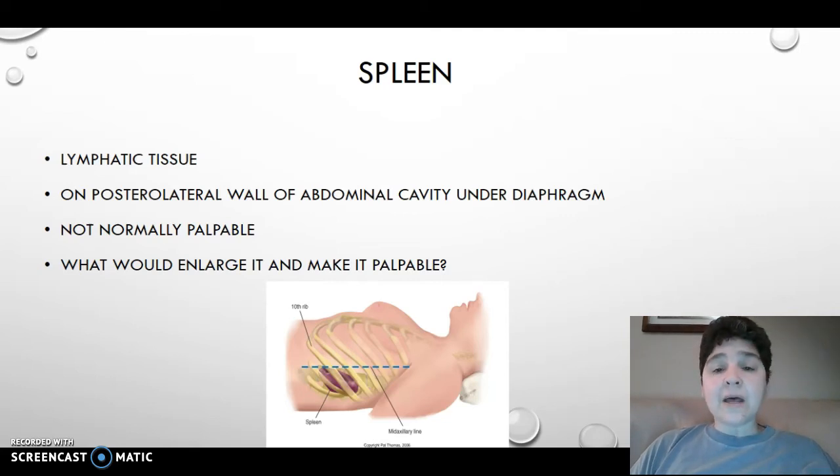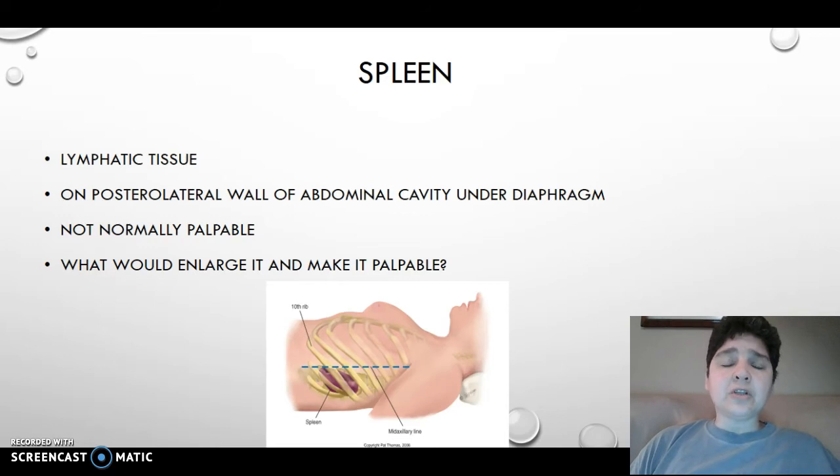If anybody's ever had mono or knows somebody who's had mono, they tell you that you should not participate in contact sports, because if the spleen is enlarged, and we know it's very vascular, it has a rich blood supply because it's making red blood cells, and it has to do with the immune system, so it's very much part of the hematologic system as well. If it were to rupture, the person could bleed to death. So that's why they caution people not to participate in sports or real forceful activities while their spleen is enlarged.